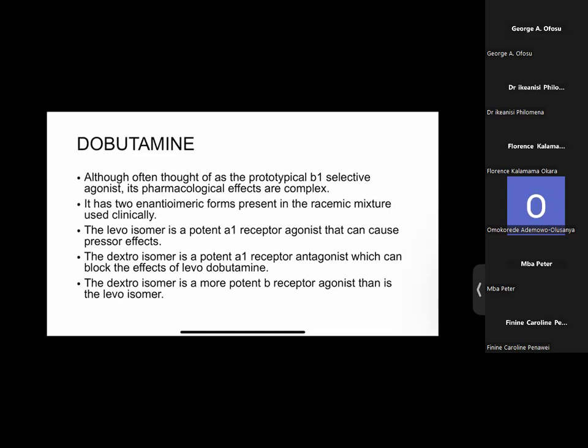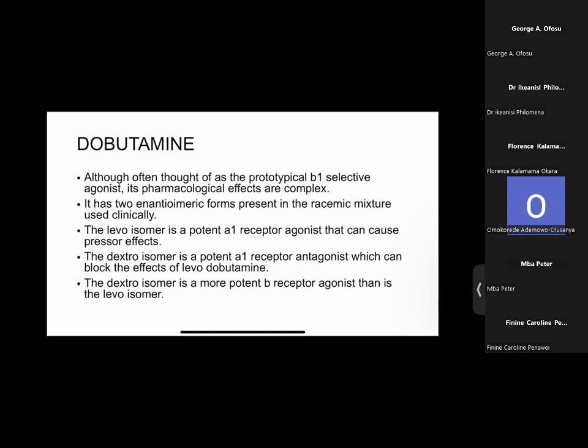So dobutamine, although it has often been thought to be a prototype of a beta 1 selective agonist, its pharmacological effects are complex. Dobutamine has two isomers, the levo and the dextro isomer.